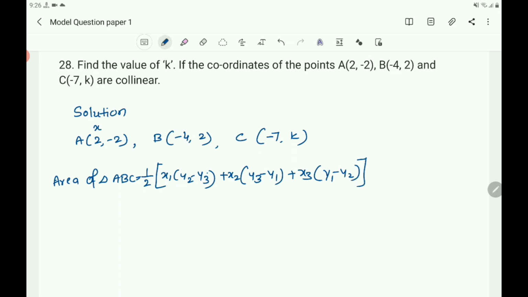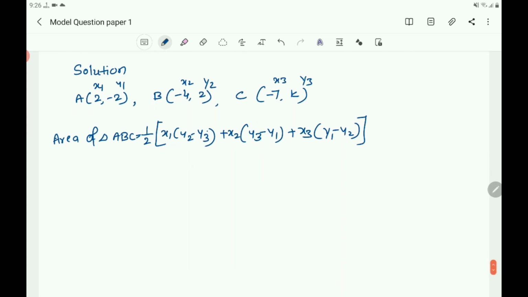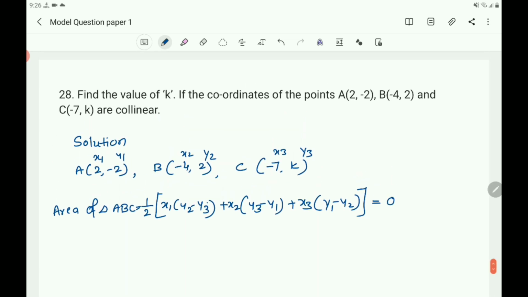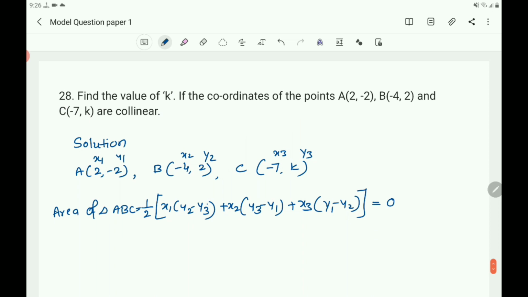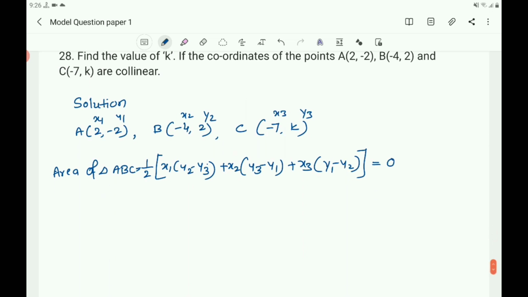You take these are x1 y1, these two are x2 y2, these are x3 y3. Then that equals what? 0, because the points are collinear. Therefore area of triangle ABC is 0 here.